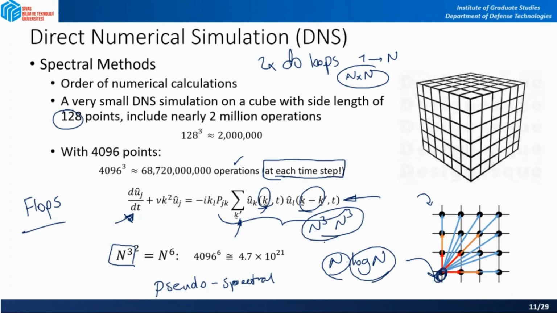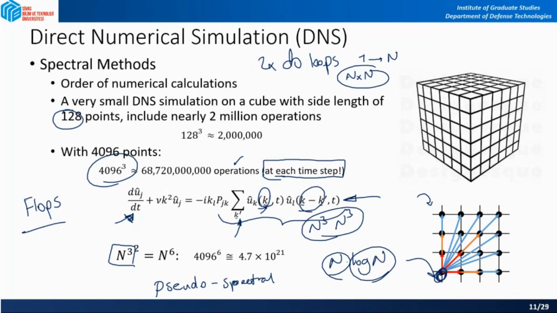Several years ago, the largest DNS for homogeneous turbulence was done for this 4096 cube, the physical nodes, I mean. So at each time step, you need to do 4096 to the power of 3.